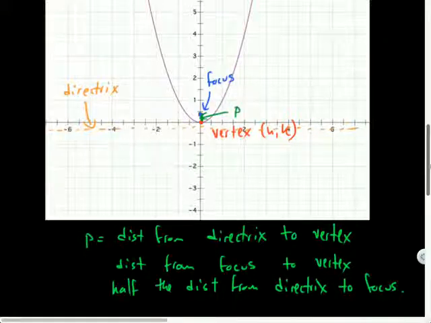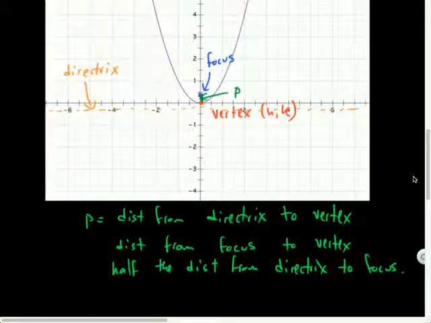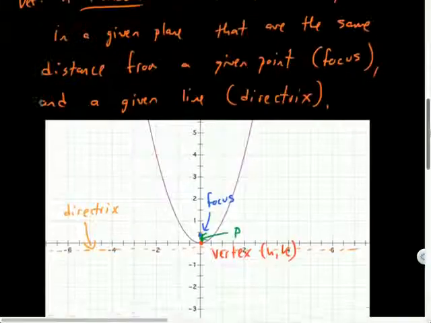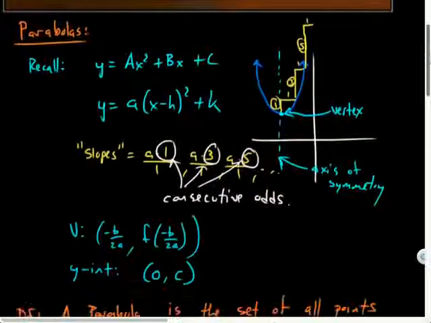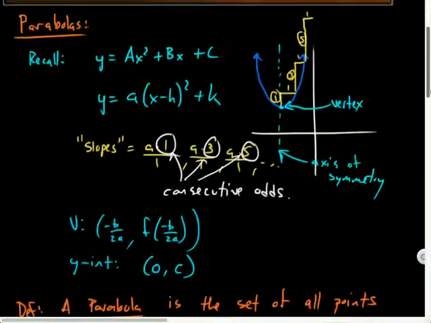And now I'm going to talk about what these equations would look like. And it turns out, back in our recall mode, we only ever had vertically oriented parabolas, because we were always talking about functions, where for every input there was exactly one output. They had to pass the vertical line test.